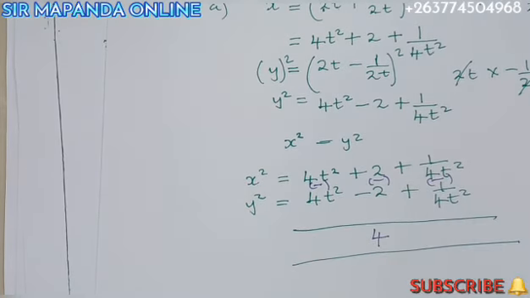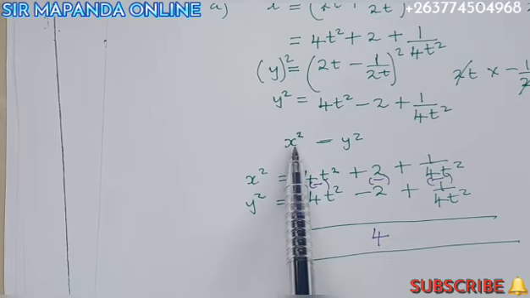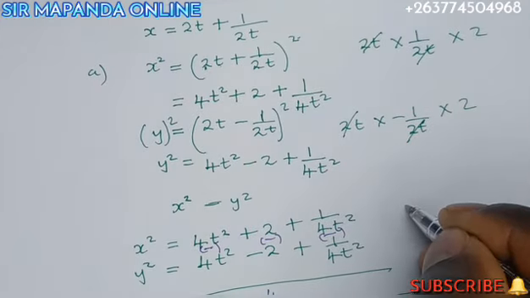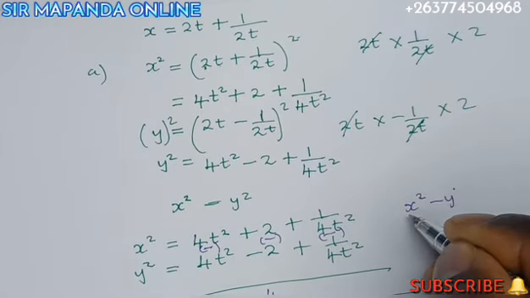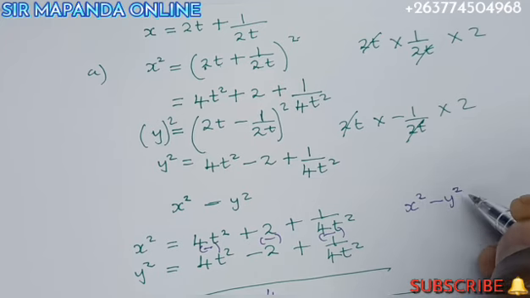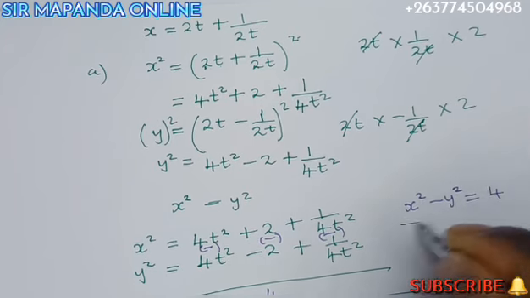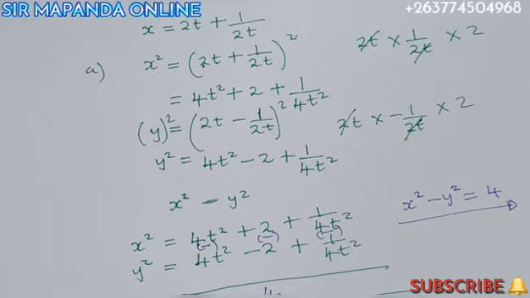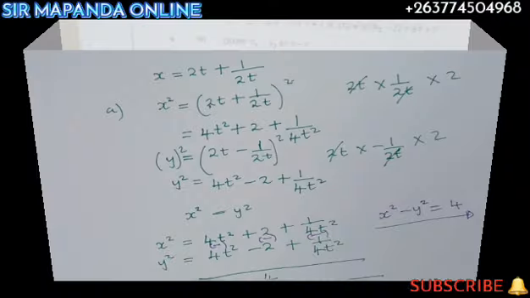Then 1 over 4t squared minus 1 over 4t squared, you get 0. It means the difference of x squared minus y squared is equal to 4. Therefore, the Cartesian equation is x squared minus y squared is equal to 4. This is the answer for the Cartesian equation required. I hope you are following. Let us move on to the next question.